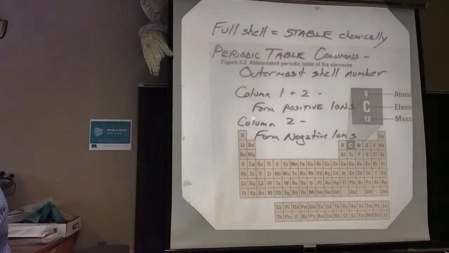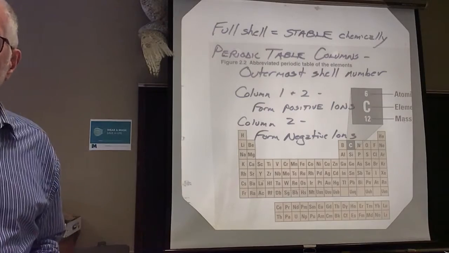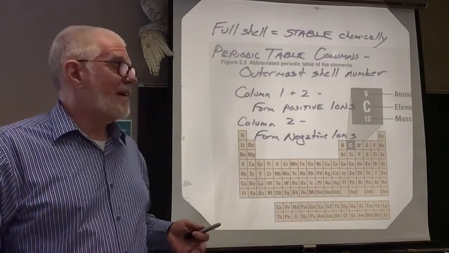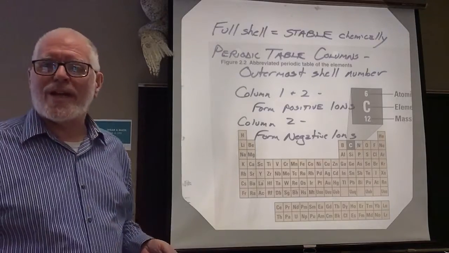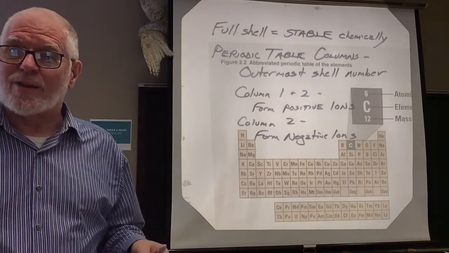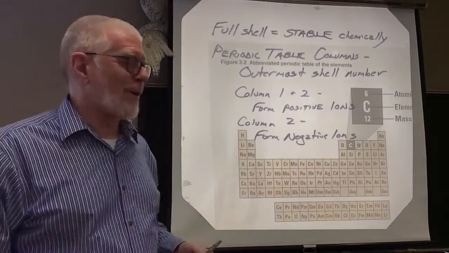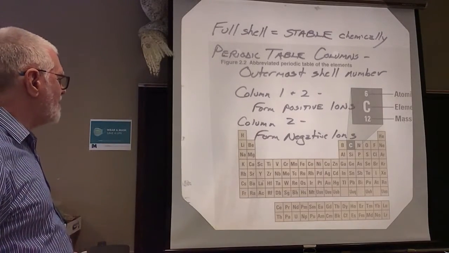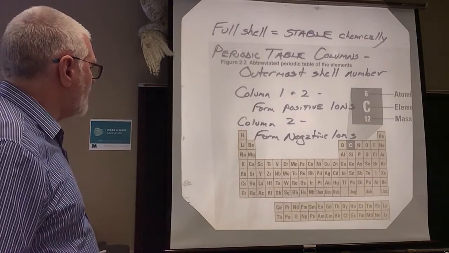So column 1 and column 2 in nature tend to exist in the world in their stable form, which are positive ions. So sodium in regular table salt is a positive ion and not a little piece of silvery metal that'll make water explode. Magnesium is a positive ion, calcium, potassium, and so on down here.